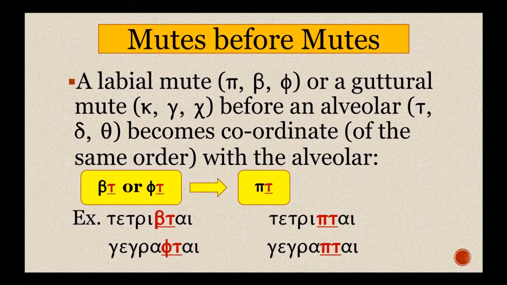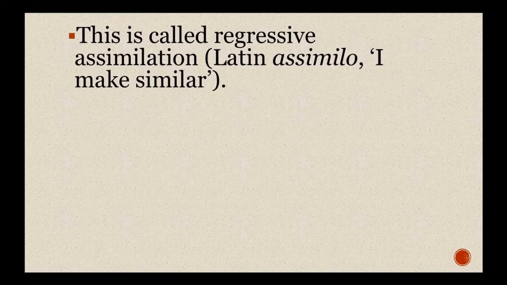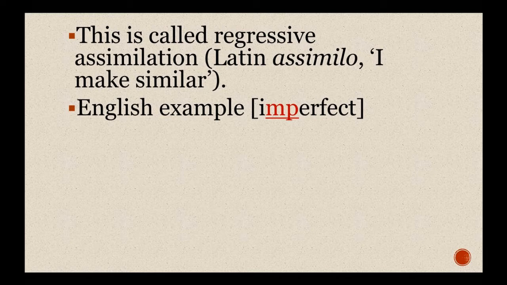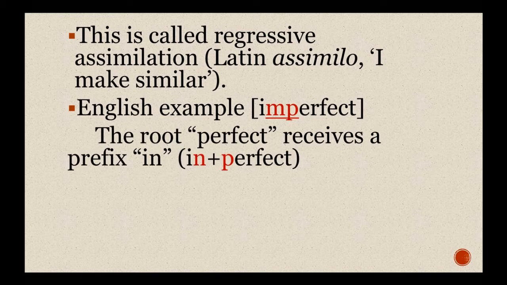So tonight we're just going to focus on what happens on the front of the word. But we have the same thing in English, and we call this regressive assimilation. In other words, the letter causes the one before it to become in like manner as itself, essentially. So if we take the English example of imperfect, which we've seen before, the root is perfect. It receives a prefix of in, right?